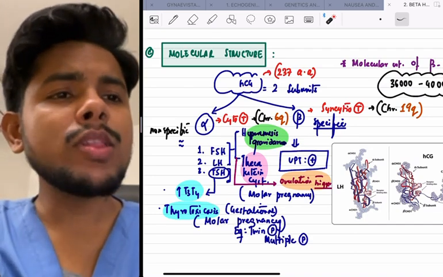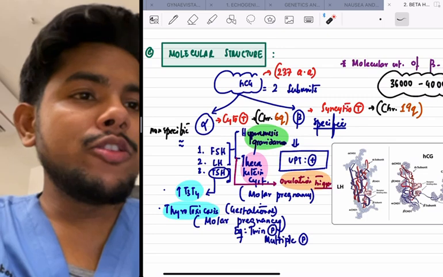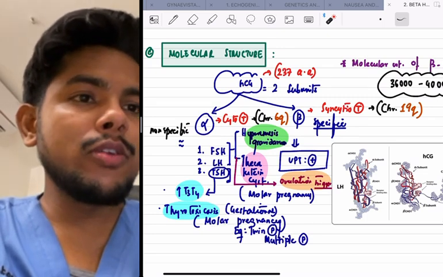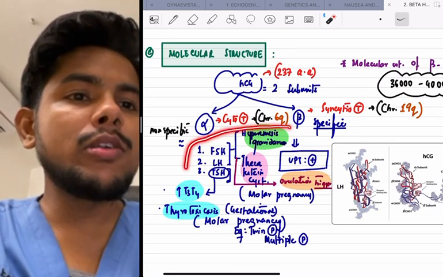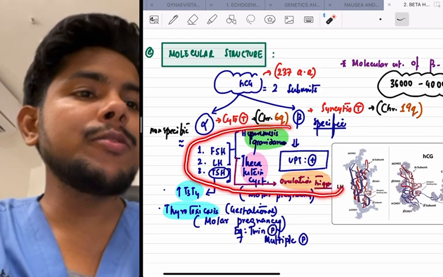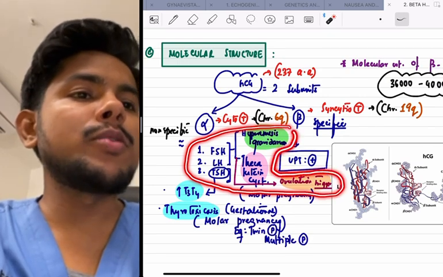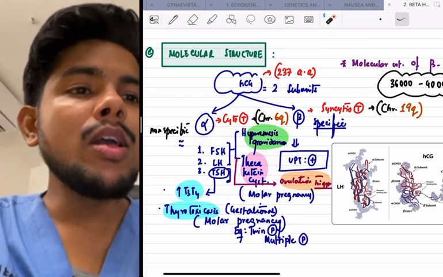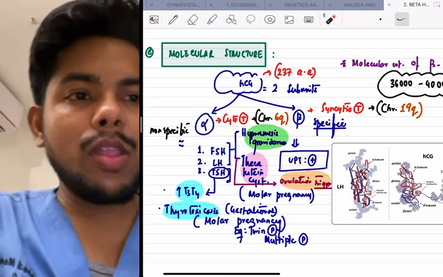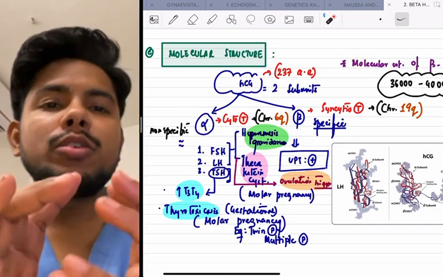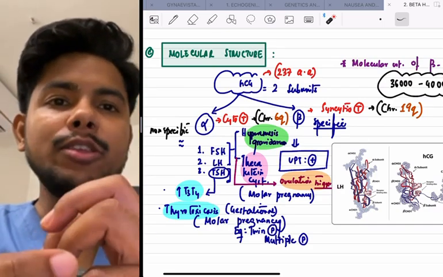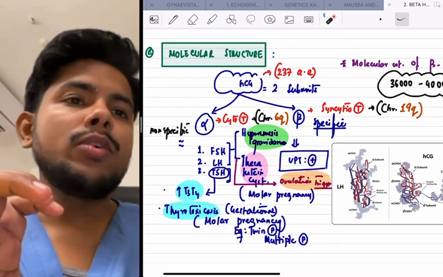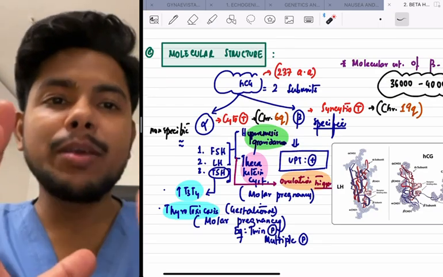Now I want you to focus on the screen and just focus on this part I'm marking. Now I told you that the alpha subunit of FSH, LH and the alpha subunit of hCG are the same.